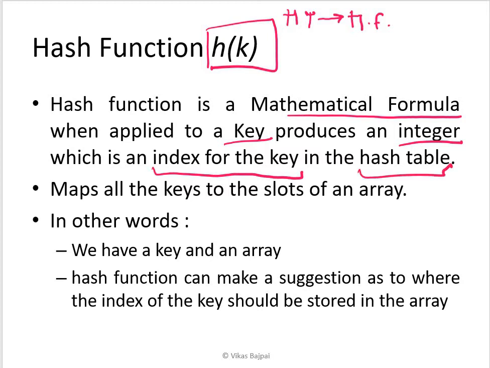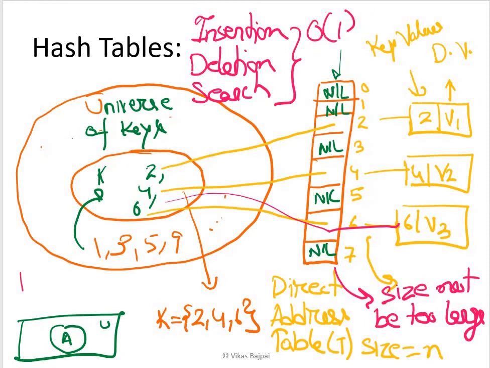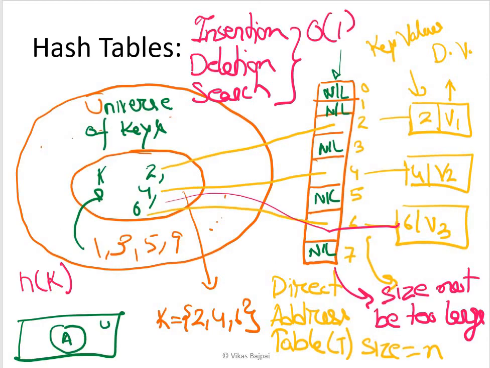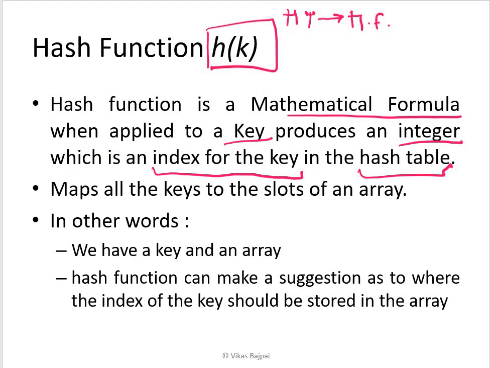So this h of k is producing an integer which is nothing but the index for the key in the hash table, right? This particular thing maps all the keys to the slots of an array.